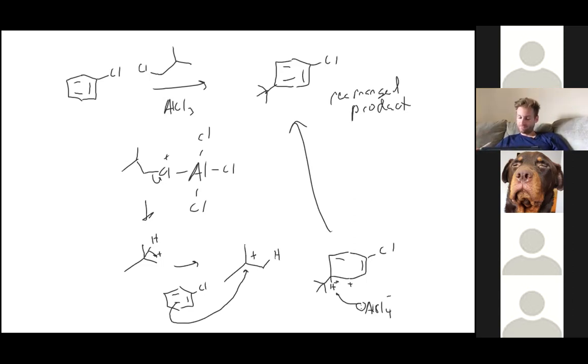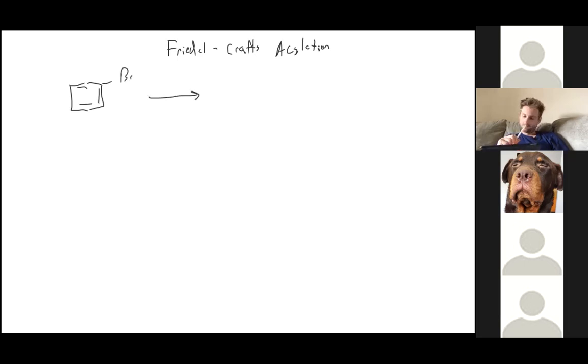If we want to avoid that, we could instead add in the acylated form in AlCl3.